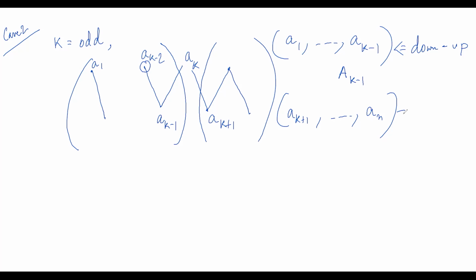And so this is an up-down sequence. How many up-down sequences are there of length n minus k? So it's a n minus k. And now let's combine case 1 and case 2 to find out how many alternating sequences of length n there are.